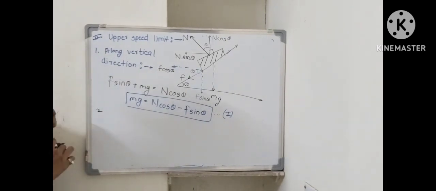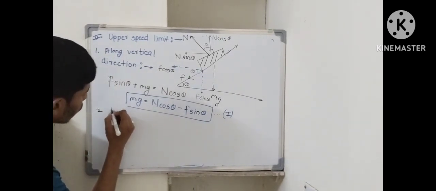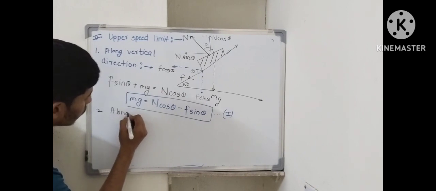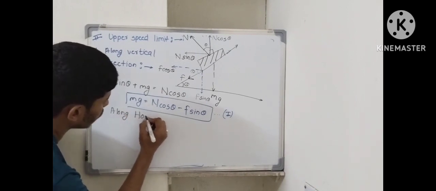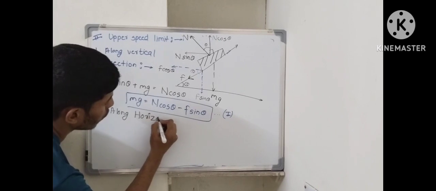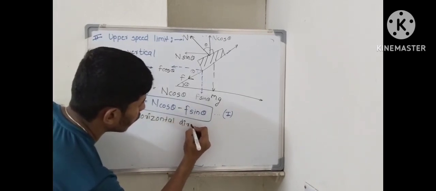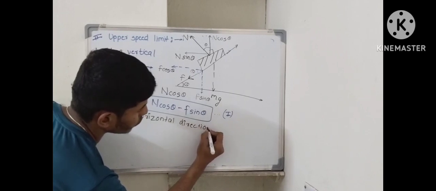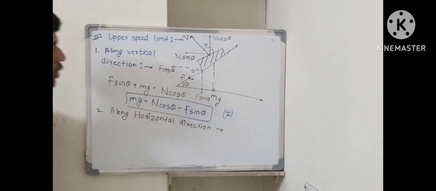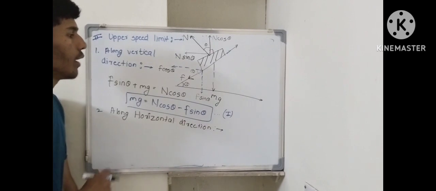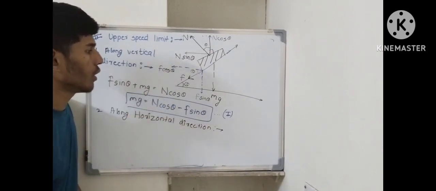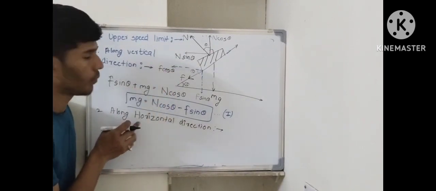Second one, along horizontal direction. अभी horizontal direction की बात करें तो what are the forces acting on the curved horizontal road?